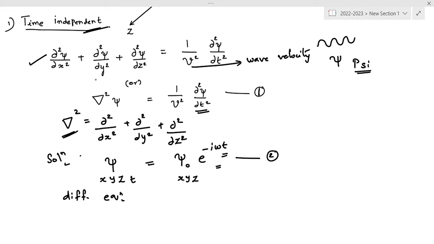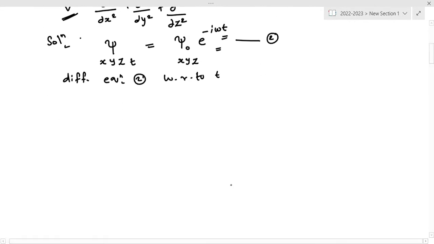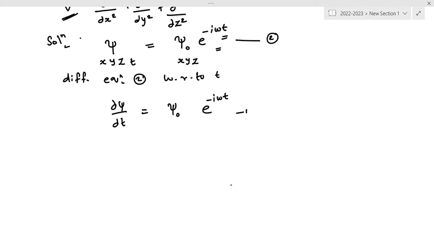So differentiating equation 2 with respect to time, we get del psi by del t is equal to, since psi naught represents only the amplitude, it is not differentiated, and e power minus i omega t is e power minus i omega t, and the coefficient of t is minus i omega, it is taken here.